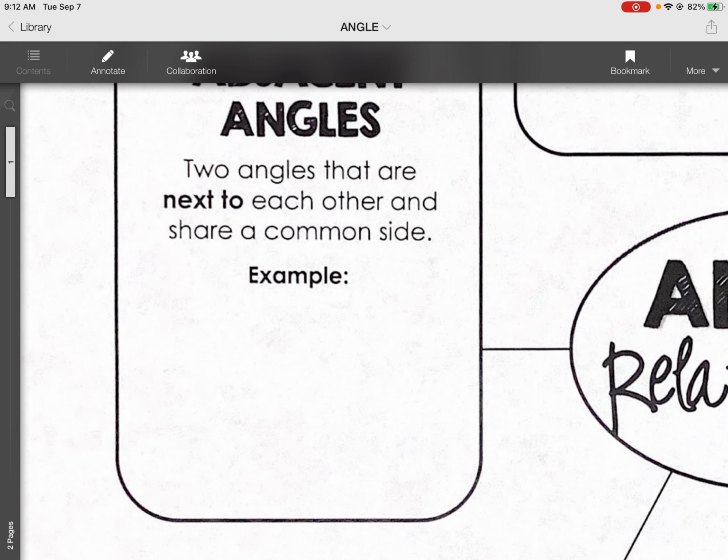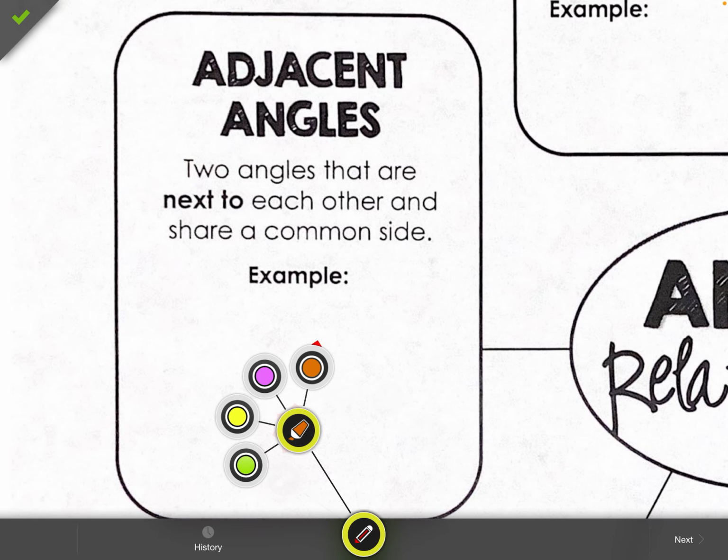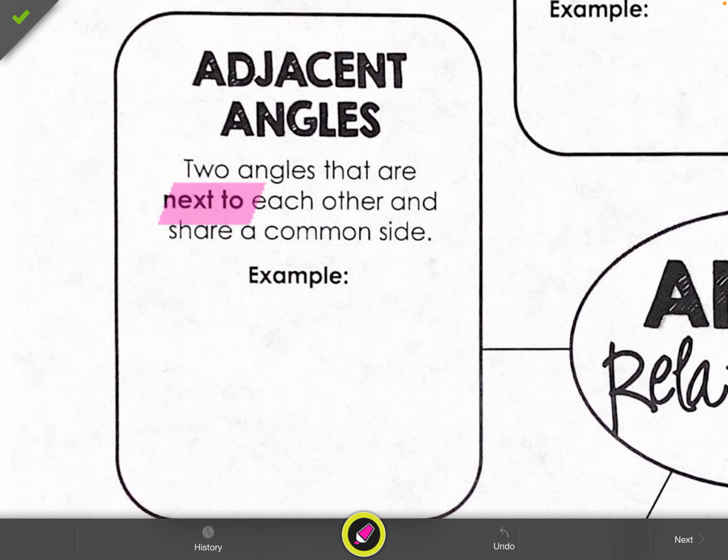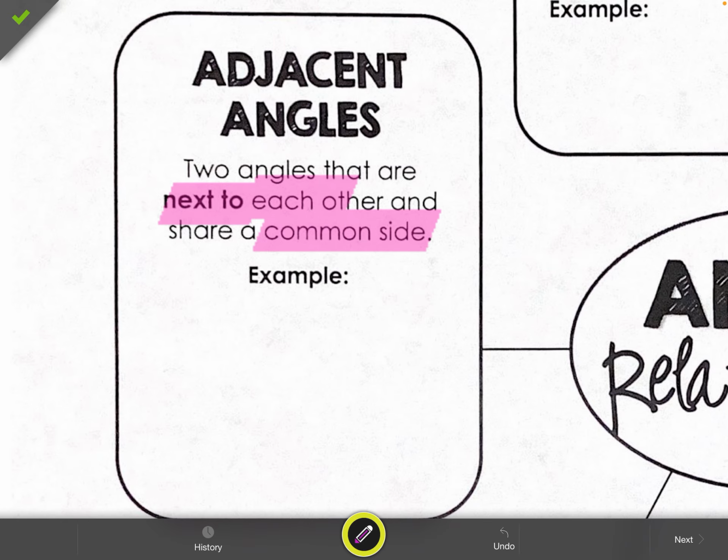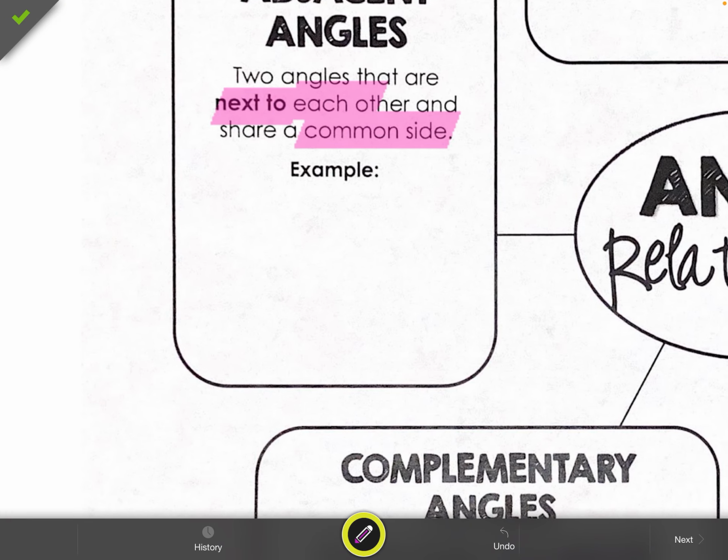Adjacent angles are 2 angles that are next to each other, okay, and they have a common side. So adjacent just means next to in this particular case. And so a picture of that would look like this.